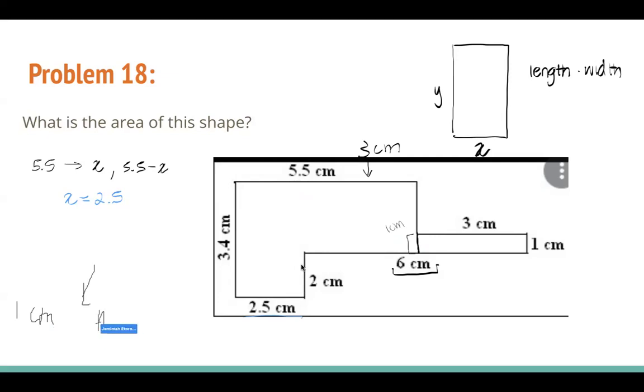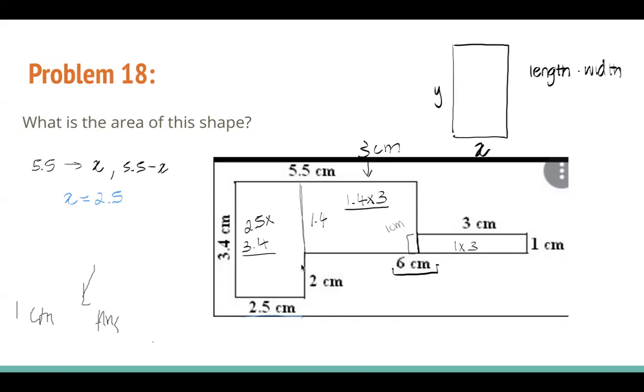We have our first rectangle right here, that is 2.5 times 3.4. Then we have our middle rectangle, which is 1.4 times 3. And we have this small rectangle, which is 1 times 3. So now we just have to figure out what these values are.